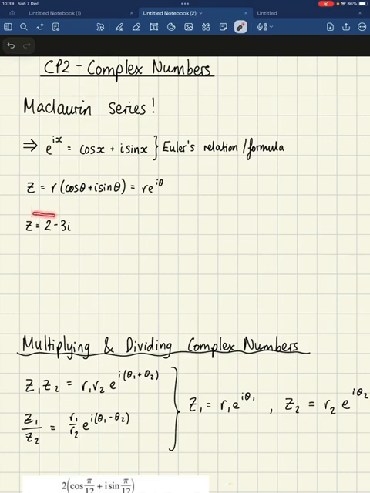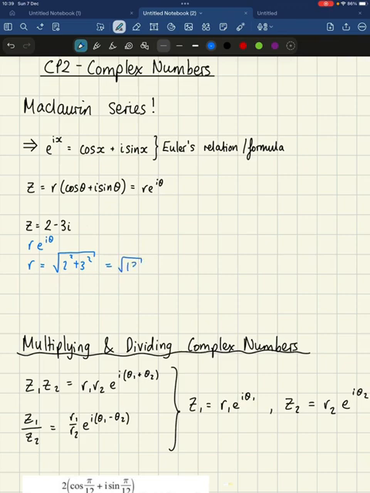So now, let's try this textbook example. We want to express this complex number in the form r e to the i theta. How do we do this? Well, what is r? r is the modulus, so r is just the square root of 2 squared plus 3 squared, and that's the square root of 13. Now what's theta?